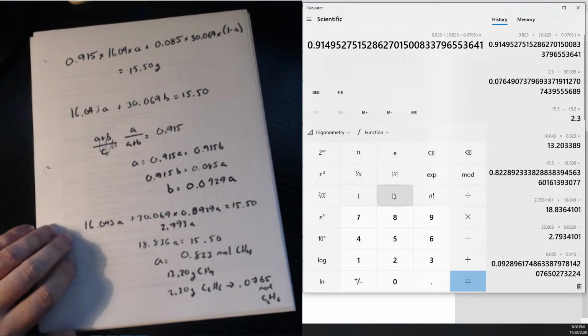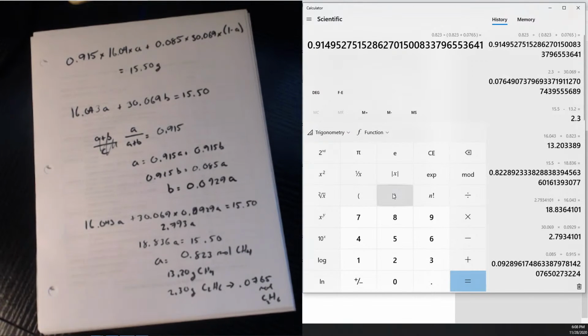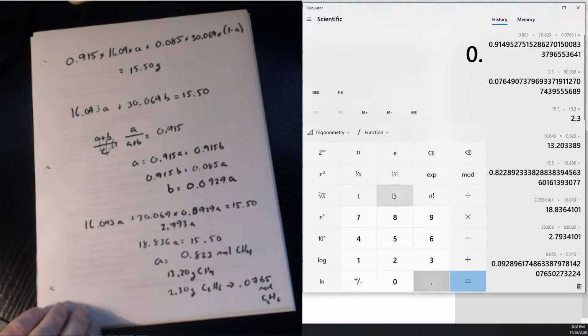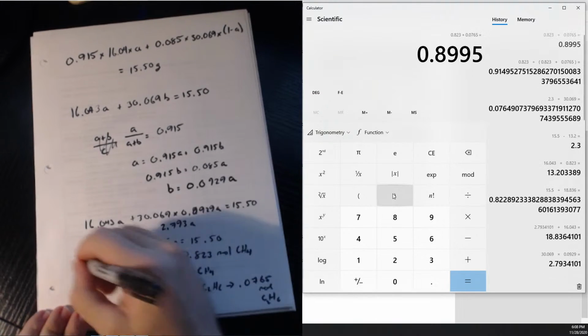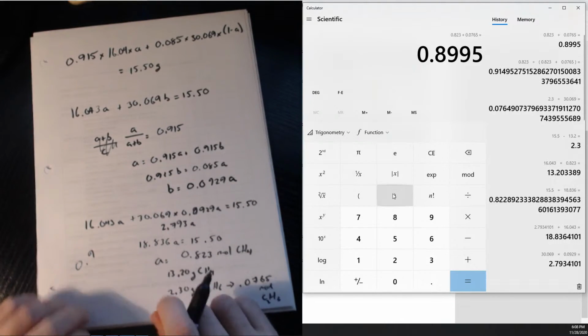This is appropriate for the very end of the chapter. Okay, so we have 0.823 moles of methane, 0.0765 moles of ethane, which means the total moles of gas was 0.823 plus 0.0765, 0.9.